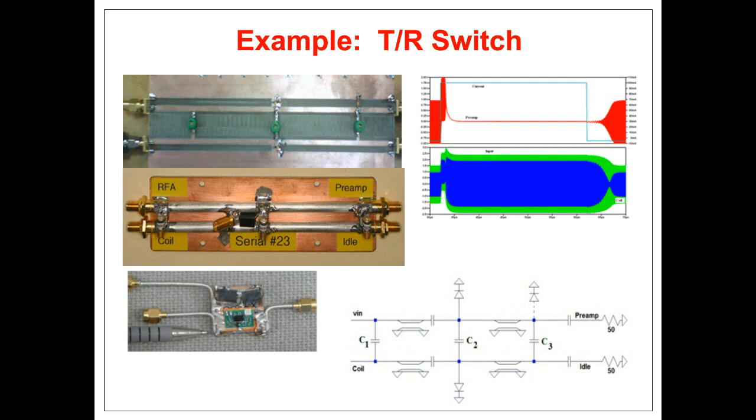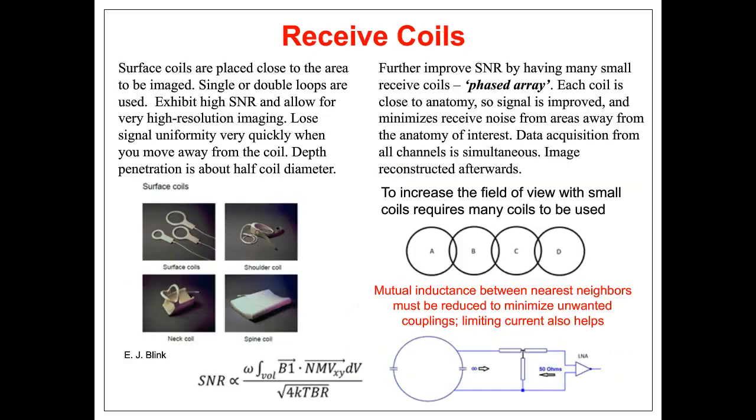On the receive side, as I mentioned before, you can use that very big magnet on receive, but the problem is that the TEM coil is looking over a large volume, and so it picks up a lot of noise. It turns out that as you shrink the diameter of the receive coil, you improve the signal-to-noise ratio.